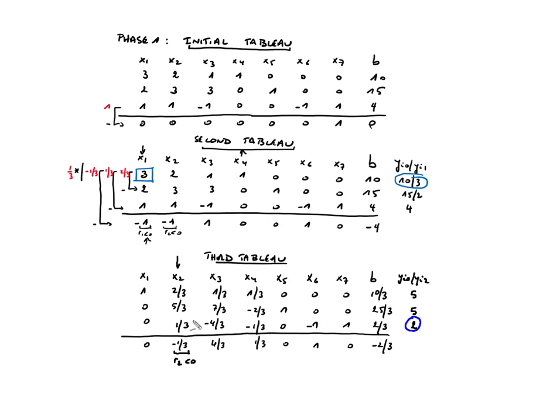So we can see that we have a pivot over here, and that x7 will be leaving the base, and this is as expected, right? Because x7 is the artificial variable.